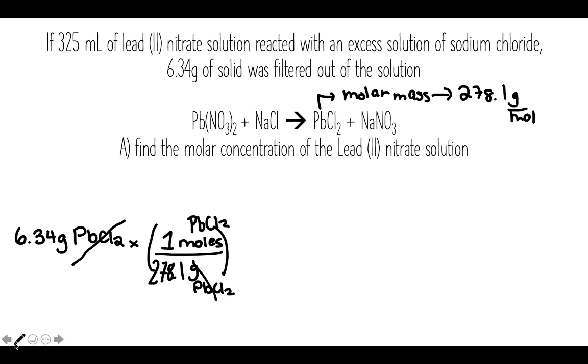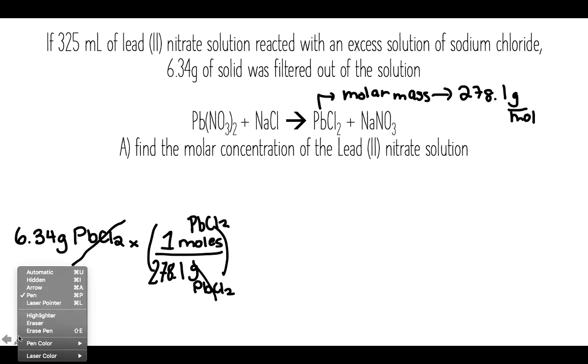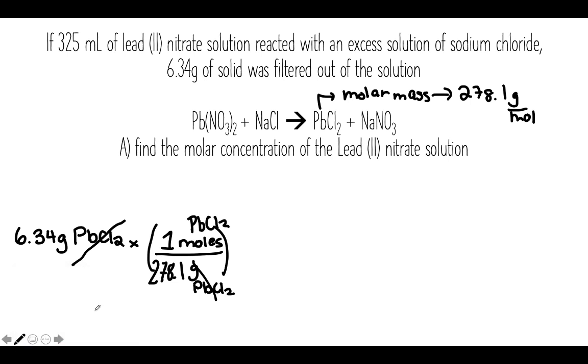So according to my mole ratio, let me change my color first. I'll go blue. So let's take a look at my balanced equation. I had a 2 here and a 2 here.